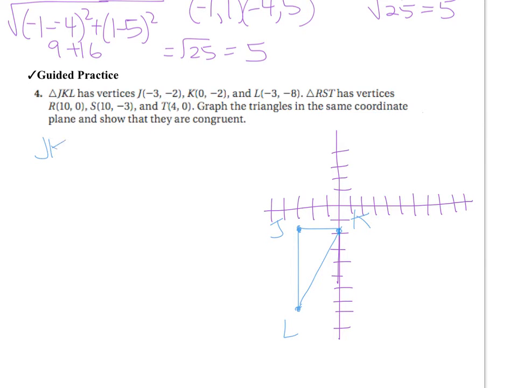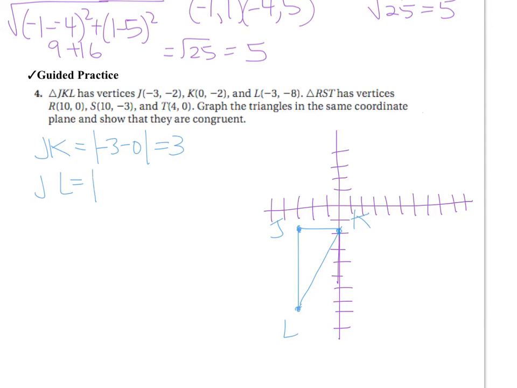So JK is horizontal. We can find that length is just -3 minus 0, which is 3. And I can find KL really easily. I'm sorry, not KL. My bad. JL. Wasn't thinking there a minute. JL is vertical.